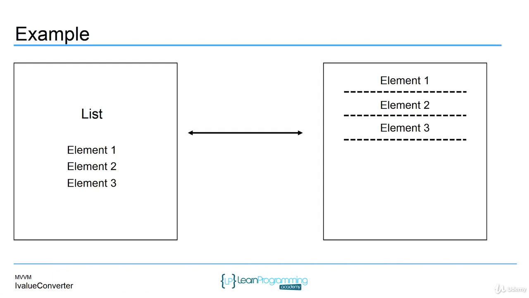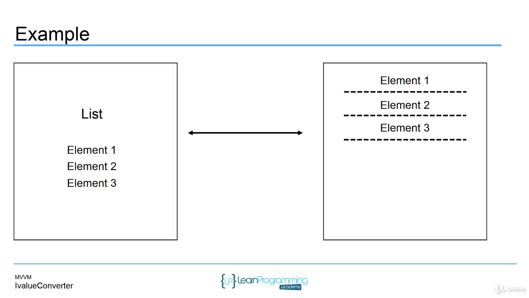Here is an example. We have a list with element 1, element 2, and element 3. And this list, let's think about it, already inherits from the ObservableCollection<T>. And to the right, we're going to have an interface, for example, a list view on Xamarin Forms. And it is listing element 1, element 2, and element 3.